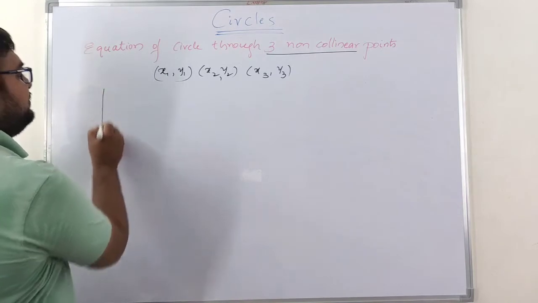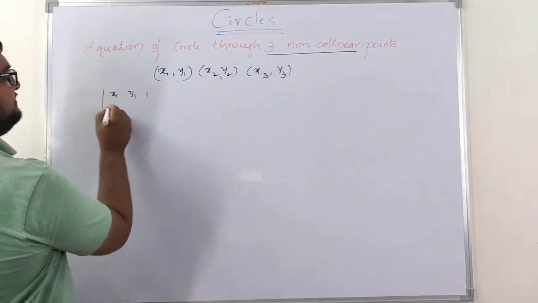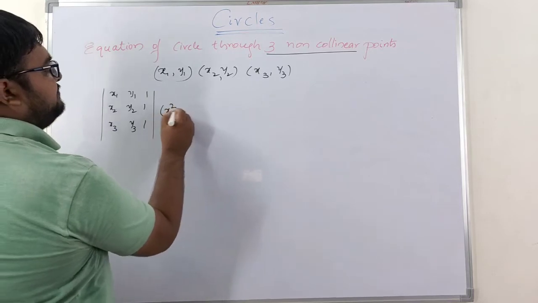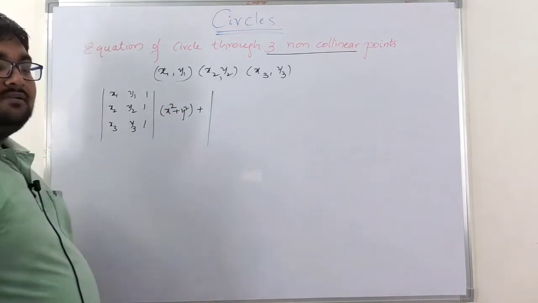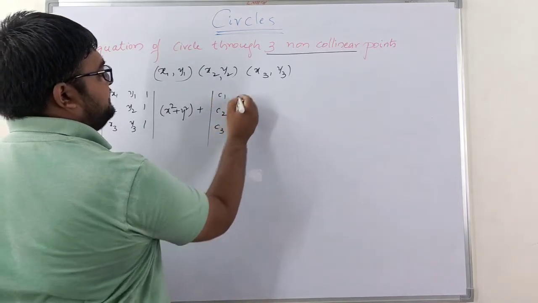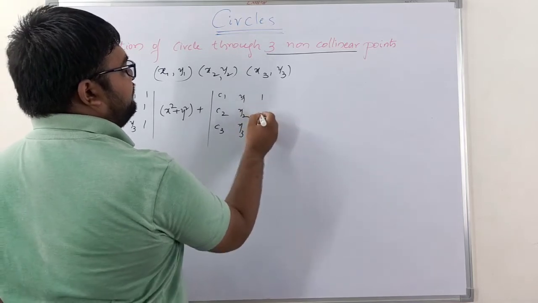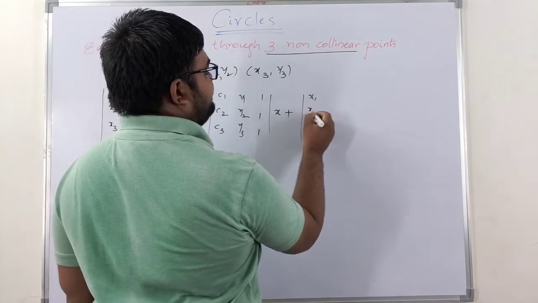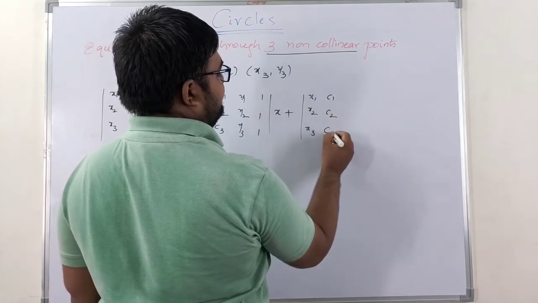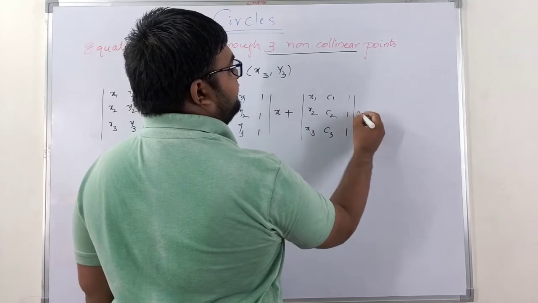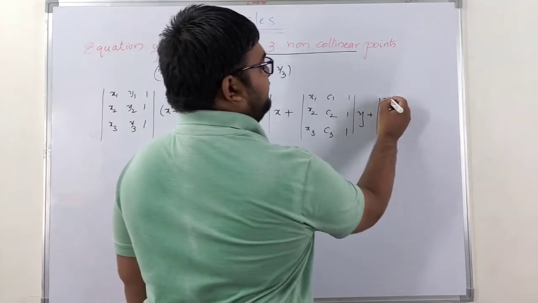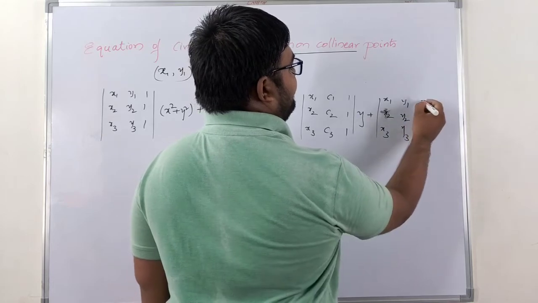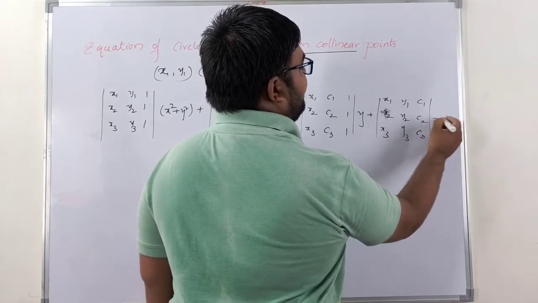That is the determinant of [x1 y1 1; x2 y2 1; x3 y3 1] into x square plus y square, plus the determinant of [c1 c2 c3; y1 y2 y3; 1 1 1] into x, plus the determinant of [x1 x2 x3; c1 c2 c3; 1 1 1] into y, plus the determinant of [x1 x2 x3; y1 y2 y3; c1 c2 c3] is equal to 0.